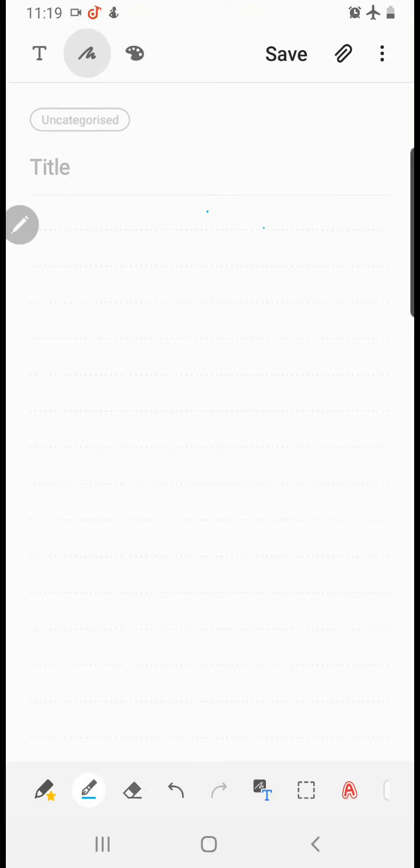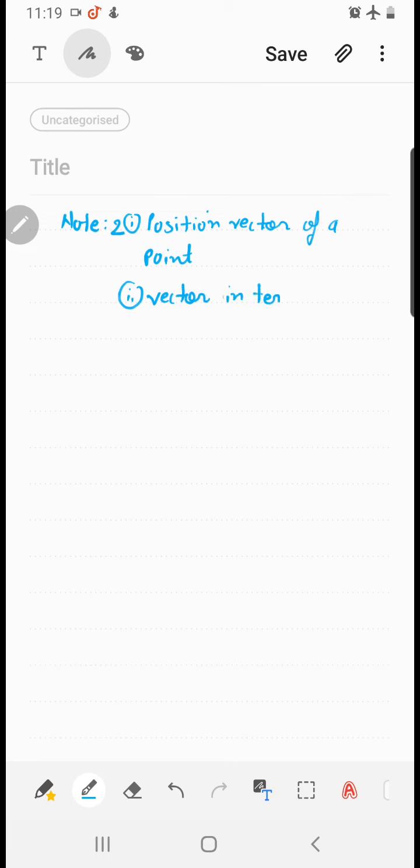In this video, we are going to learn node point number 2 of the vector. In this node point, we are going to study position vector of a point. Then, the second thing we are going to study is vector in terms of its position vector.